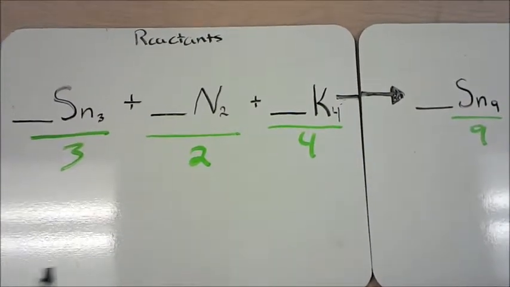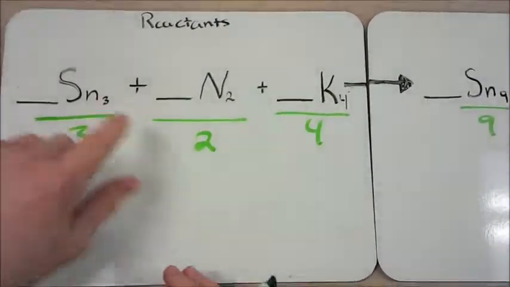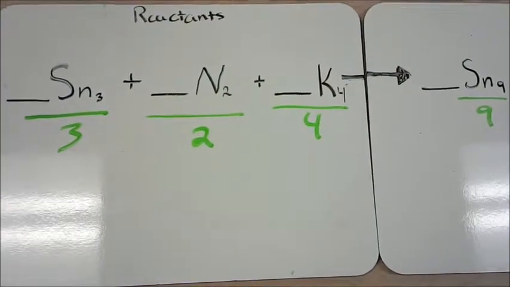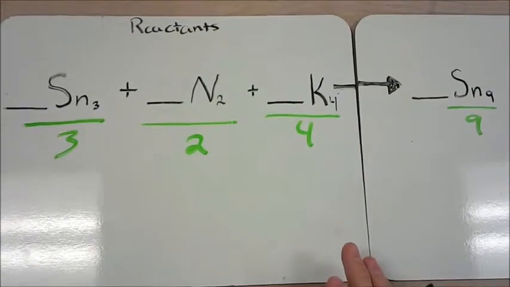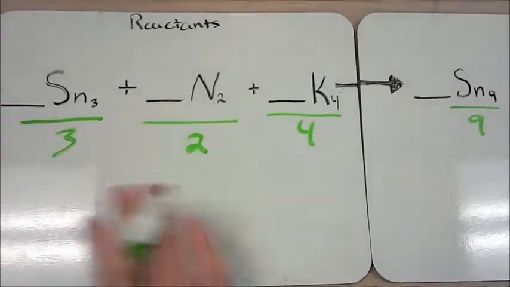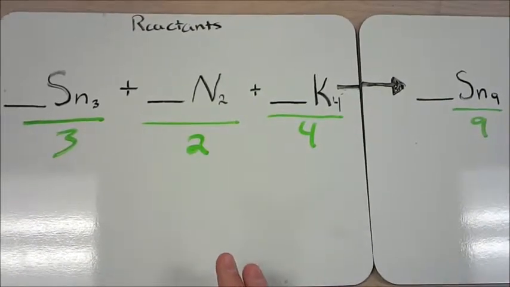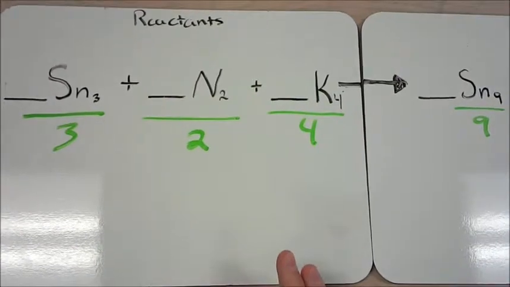So you have your coefficients, which is in front of each atom right here, and if you put a number there, that number will multiply the atoms behind it. So you see 3 and 9, and you're going to say, what's a multiple of 3 and 9 that could make a common number?